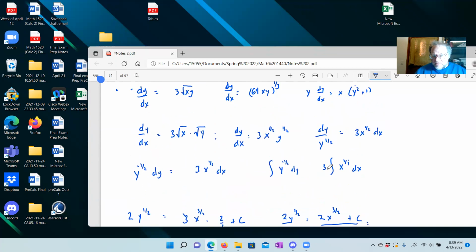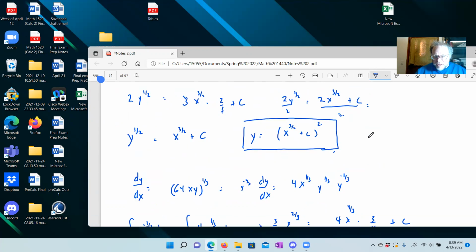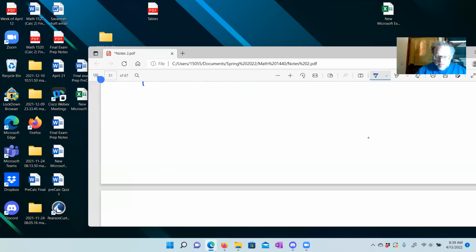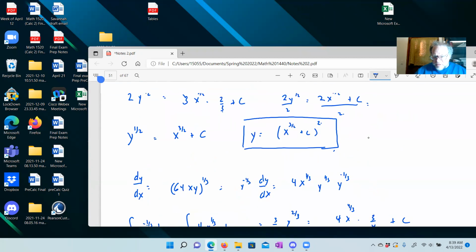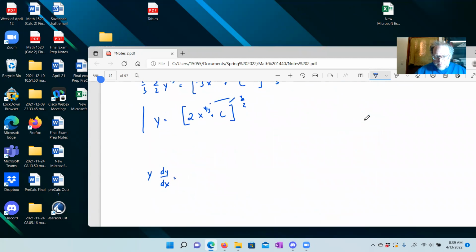The next one is a little bit different. This is y dy dx is equal to x squared plus 1. So this is y dy dx is equal to, I think this was x y squared plus 1.